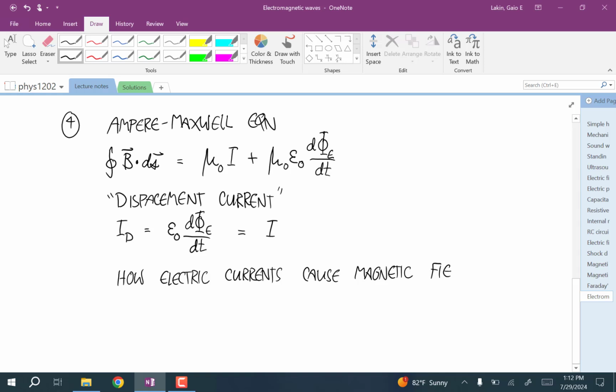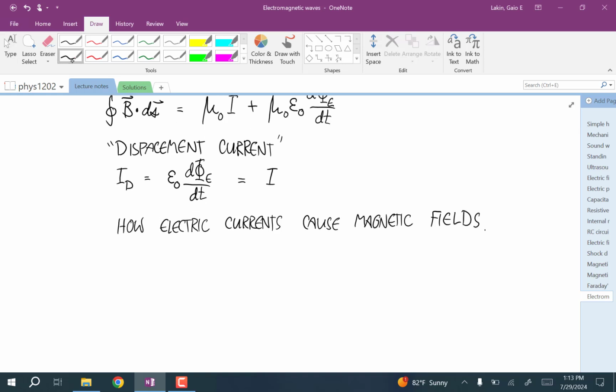Well, since you have electricity producing magnetism and magnetism producing electricity, it wouldn't be too surprising to think that these start sort of a chain reaction where they propagate each other over and over. And that's the idea of electromagnetic waves.